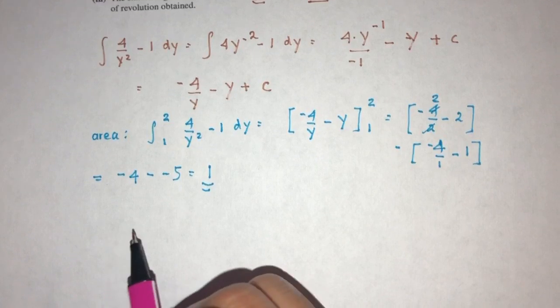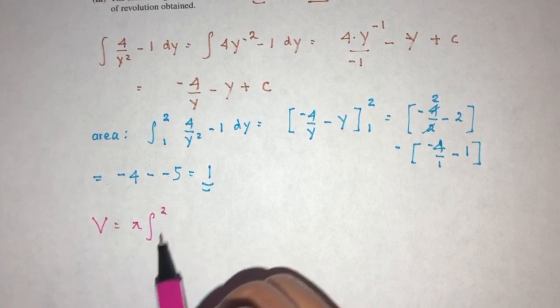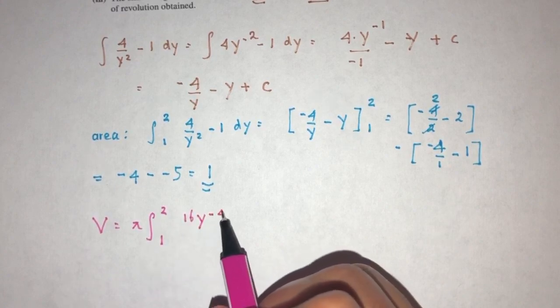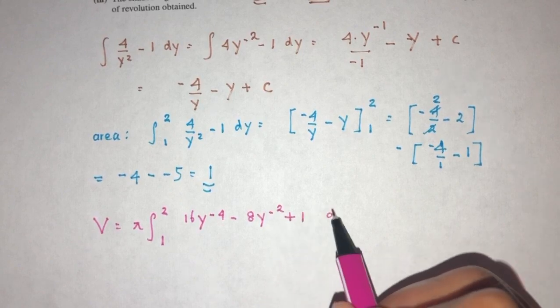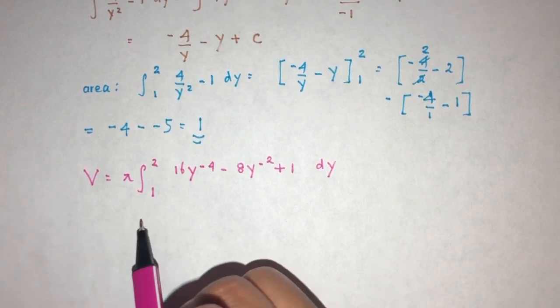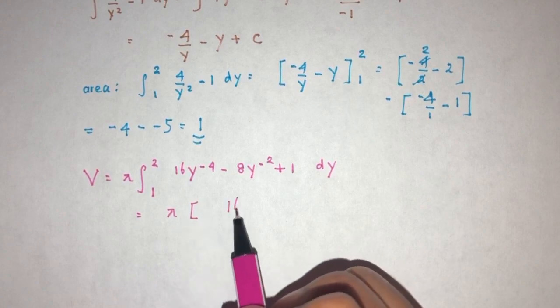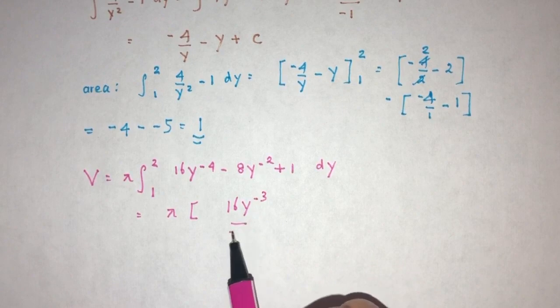Replace back, you will have the volume. Limits will be 2, 1, and that will be 16 over y to the power 4, minus 8 over y squared, plus 1. Now we can solve this integral step by step. Pi is pi, and that will be what? First we have to increase the power by 1, so that will be minus 3, then divide by the same power.